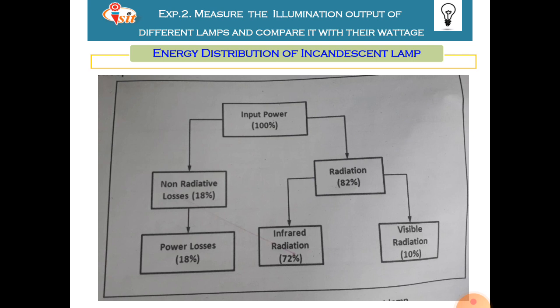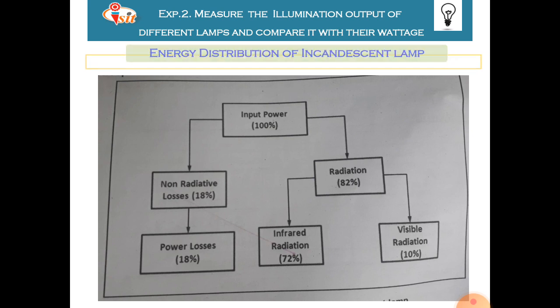Out of the 82% radiations, it splits into infrared radiation and visible radiation: 72% is infrared radiation and 10% is visible radiation. The non-radiative losses are known as power losses, meaning consumed power.